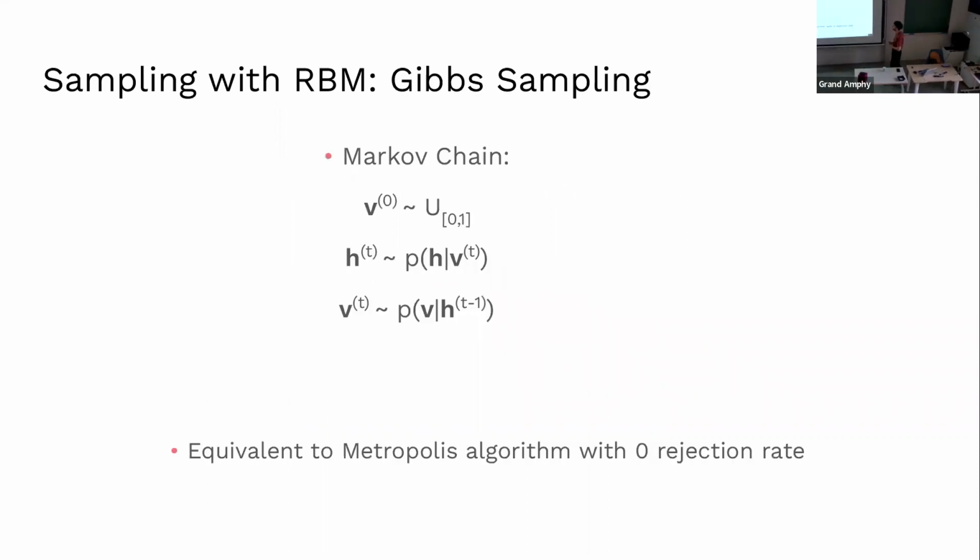So this is basically a Markov chain, and it is graphically equivalent to the Metropolis algorithm, but in the Metropolis algorithm you will sample both the visible and hidden layers and accept with the Metropolis criterion. And here it is the same, but by sampling only the visible given h and then the hidden given v, you have the Metropolis algorithm, but with a zero rejection rate.